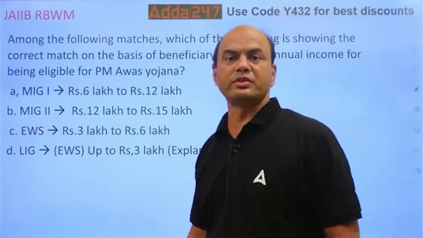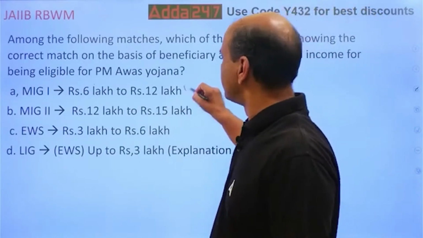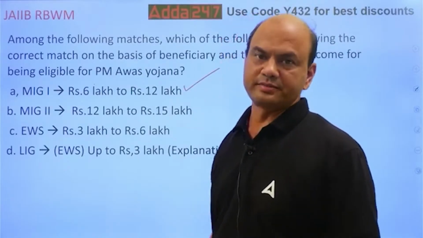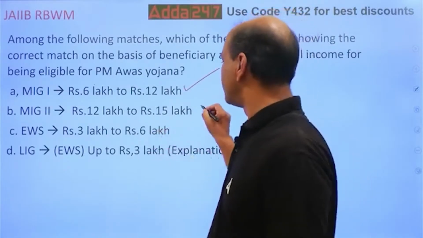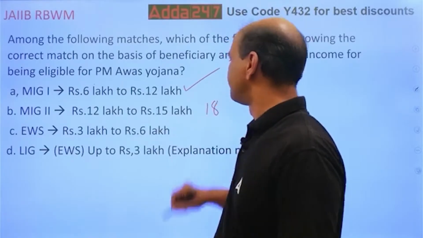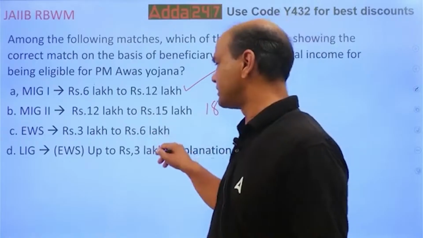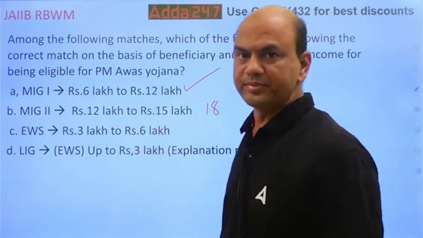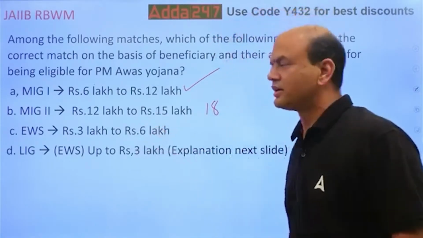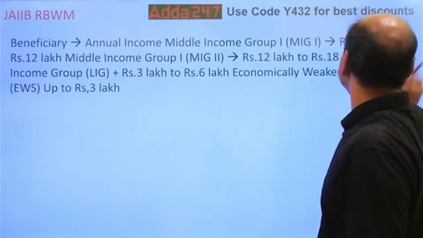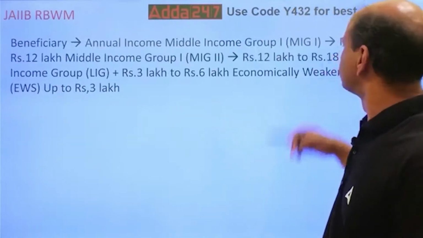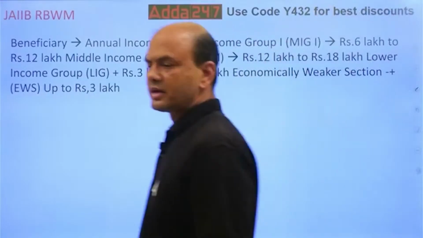The correct match over here is only MIG 1, 6 to 12 lakh. MIG 2 is 12 to 18. EWS and LIG are reversed. So EWS is up to 3, LIG is above. You can have a look at this slide again.